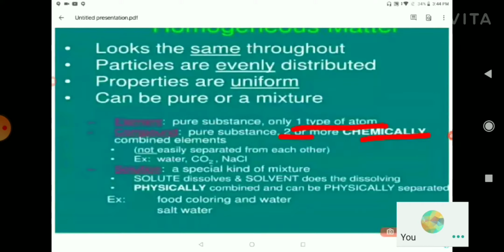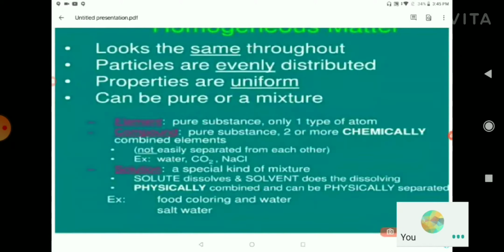An example given here is water, H2O, then CO2, NaCl. It is a special kind of mixture where the solute dissolves in the solvent, physically combined, and can be physically separated. So we can separate them physically. There are many methods for separating mixtures, which we will discuss later in the video.